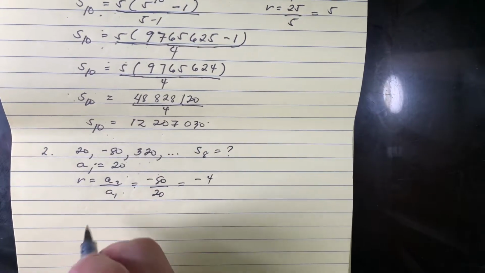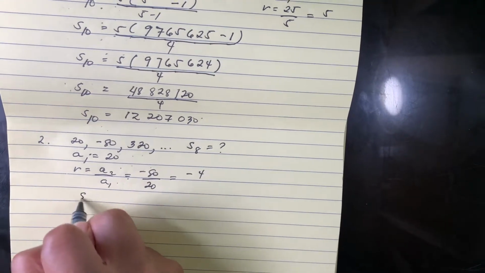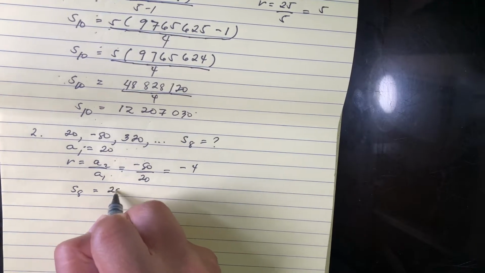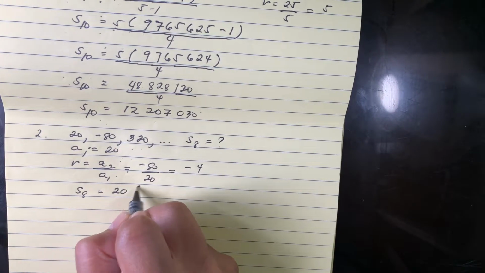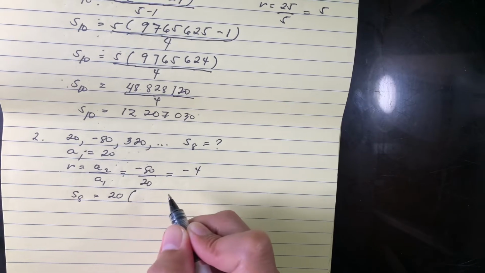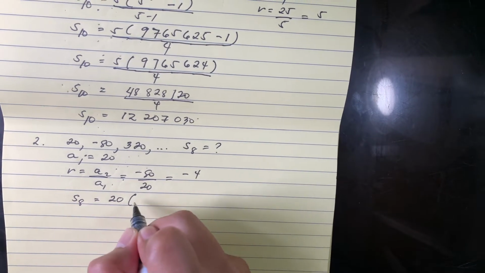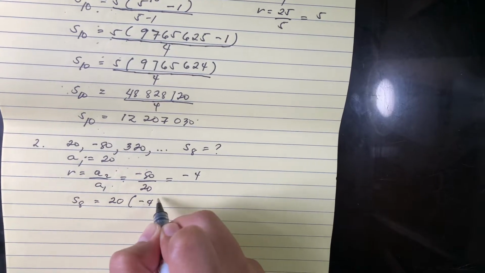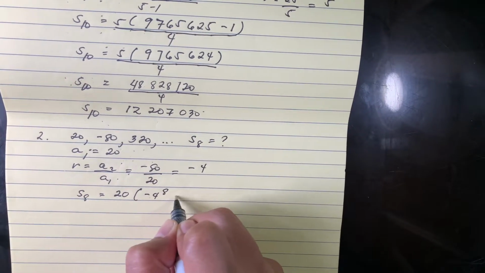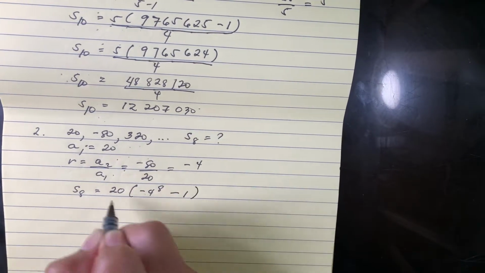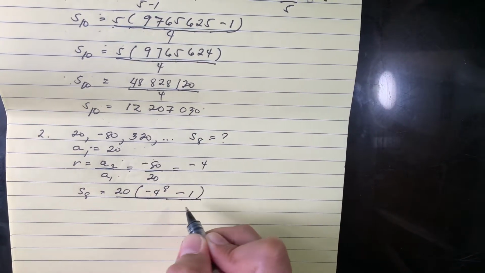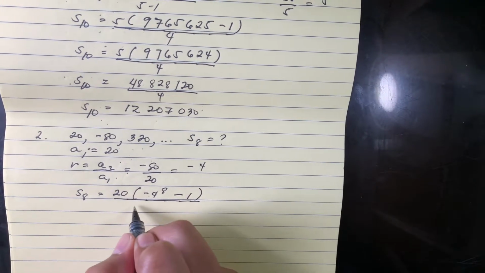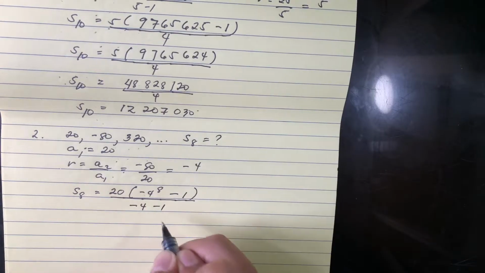So we have S sub 8 is equal to our a sub 1, which is 20, times r raised to the power of n, where r is negative 4, raised to the power of 8 minus 1. Then all over r, which is negative 4 minus 1.